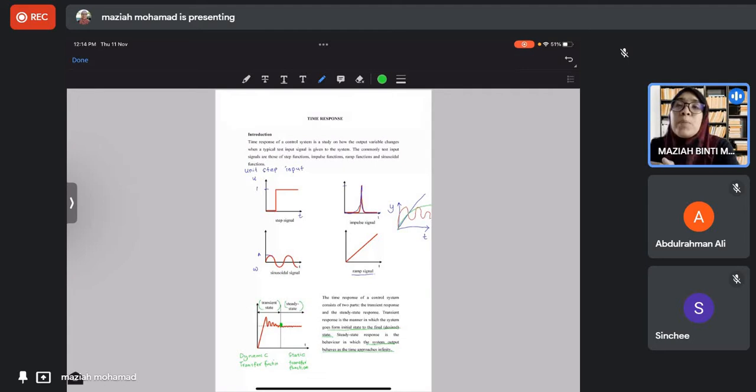After we apply the input, we're going to apply the initial condition. Maybe it has a zero initial condition, meaning at initial all the values are zero, or maybe it already has some value there. So we're going to apply the initial condition. Once we apply it, we will solve for the parameters in the Laplace form, using the partial fraction method to solve the equation.